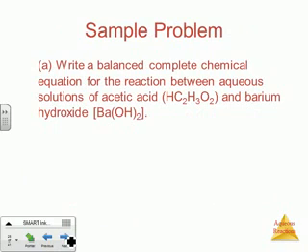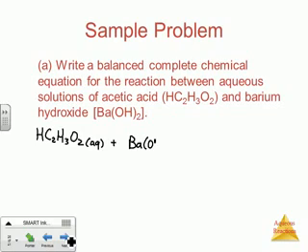Okay, last sample problem here. Write a balanced, complete chemical equation for the reaction between aqueous solutions of acetic acid and barium hydroxide. So we've got HC2H3O2, aqueous, plus barium hydroxide, Ba(OH)2, also aqueous.